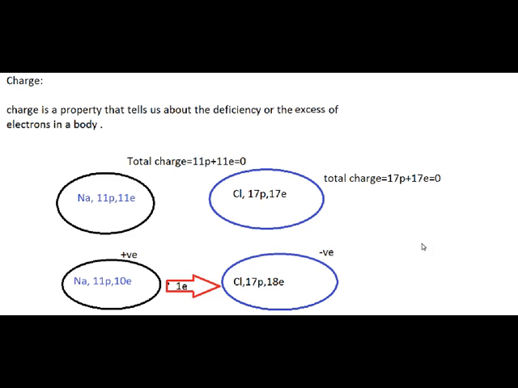We will explain what we mean by positive charge and what we mean by negative charge. Is there an excess of electrons or a deficiency of electrons? We will discuss all these things.